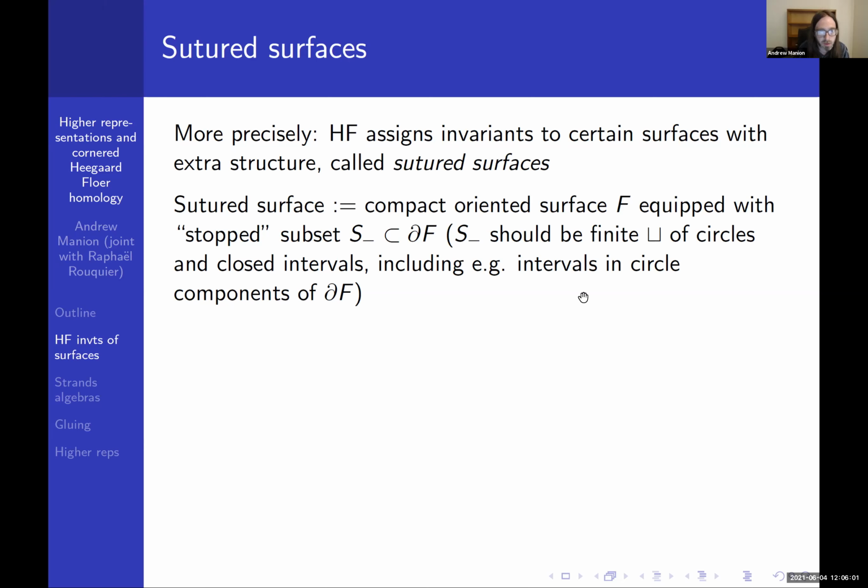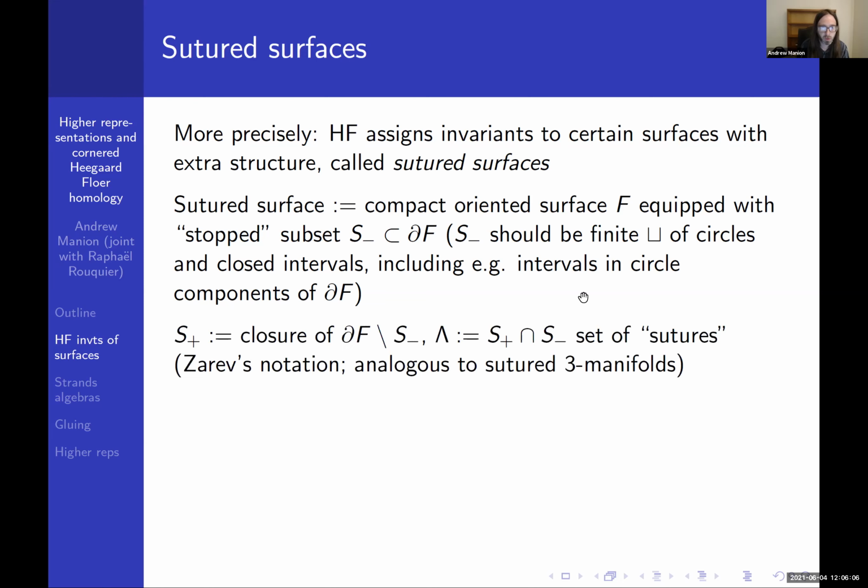S minus is Zarev's language for the part that's stopped. Then you let S plus be the unstopped part of the boundary, really the closure of it, and they intersect in this zero-manifold called lambda, which is in some vague sense analogous to the set of sutures in a sutured three-manifold.